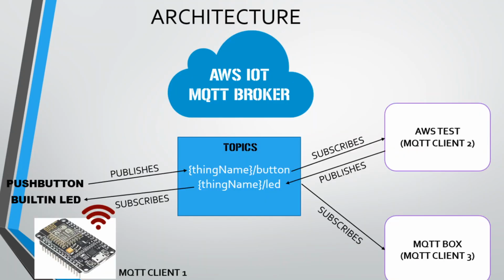Now let's understand this other thing, this box. We have understood this AWS test client, that we are sending and receiving data with, and we can also use other clients like MQTT box, which is a very famous client. It's another client; if you can see here, Node MCU is also a client.